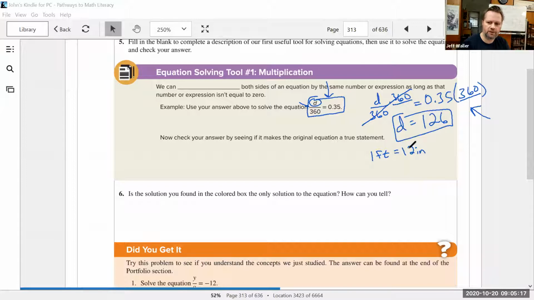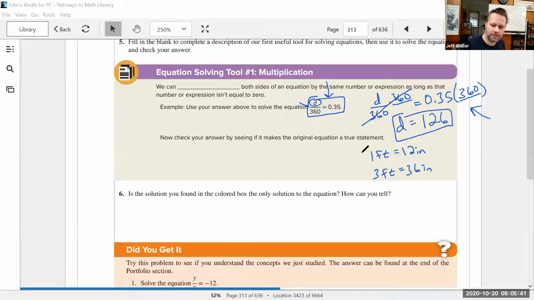So if 1 foot is 12 inches, what's 3 feet? Come on, this is old stuff. What did you do? Multiplication. Good. Sorry, guys.